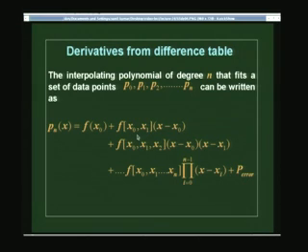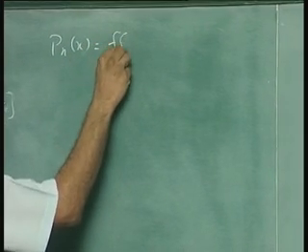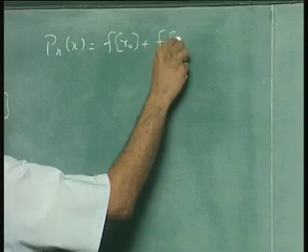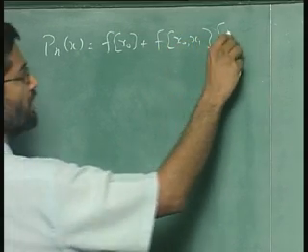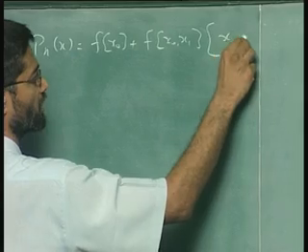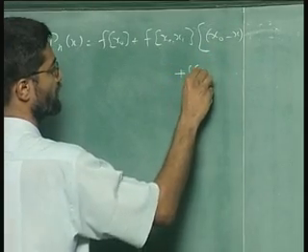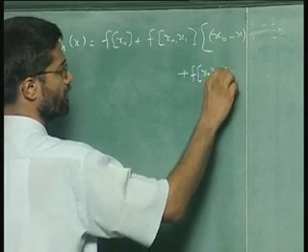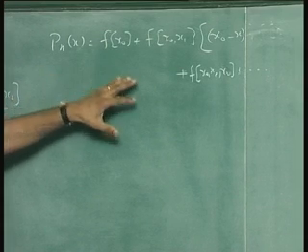Okay, so we could write the polynomial Pn of x, if you remember, as f of x0 plus f[x0, x1] into (x minus x0) plus f[x0, x1, x2], etc. Right. So we could write this in a nested form like this. We have seen this earlier.